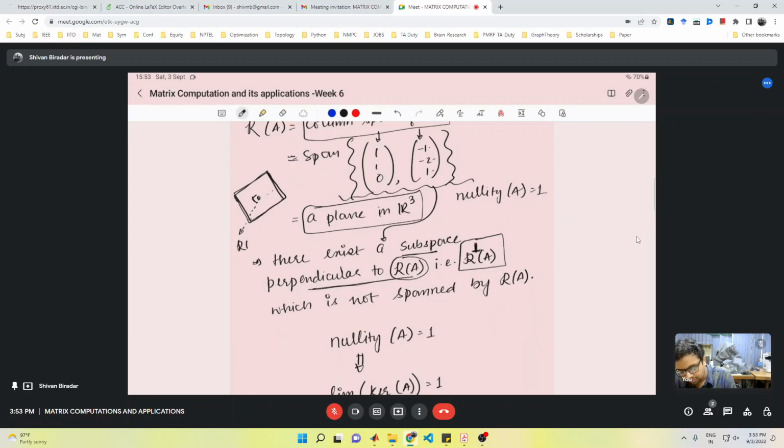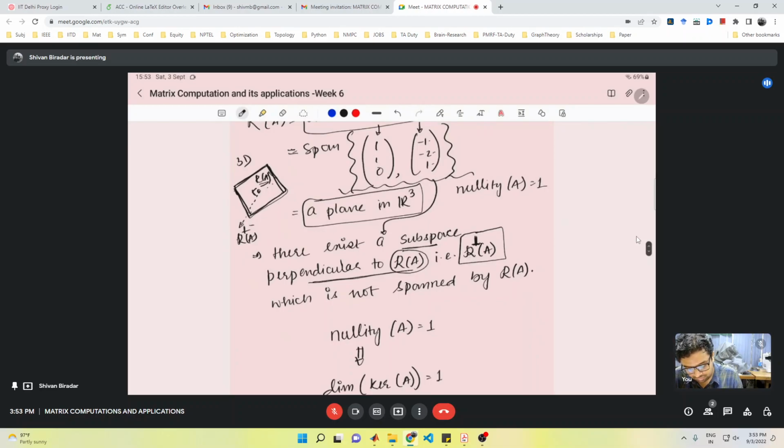So this is your range space of A perp, and this is your range space of A in 3 dimensions. A line perpendicular to this plane is a subspace which is perpendicular to the range space of A. So this range space of A perp is not spanned by the range space of A.